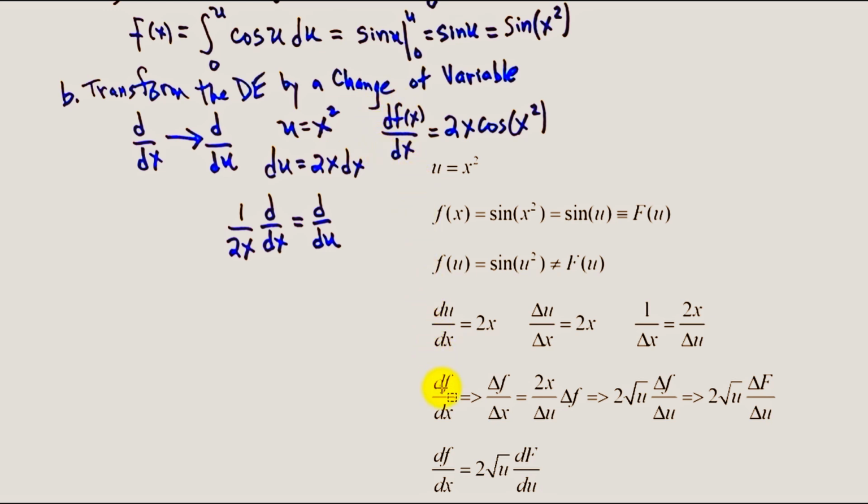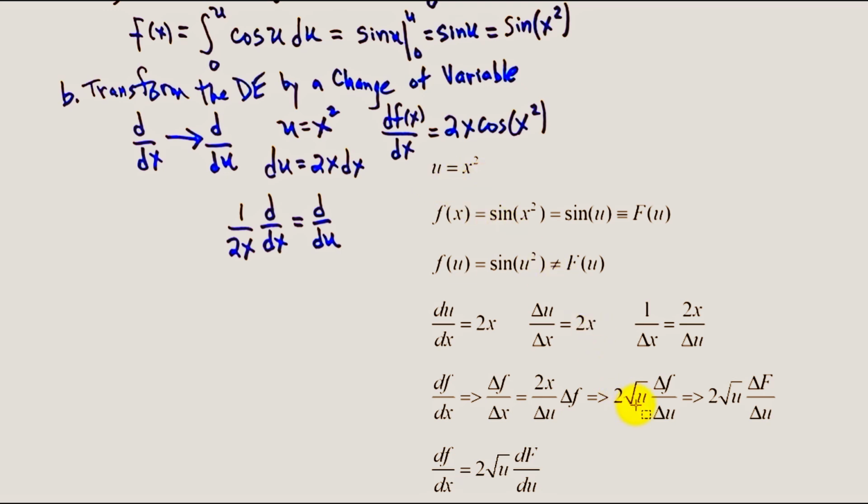So what I do is I take the df dx and replace it with deltas, delta f over delta x. Now I'm going to use the equation I have above here, where the 1 over delta x is 2x over delta u. Just substitute that in down here. Now when I do that, I can look at x and get everything in terms of u because x is the square root of u.